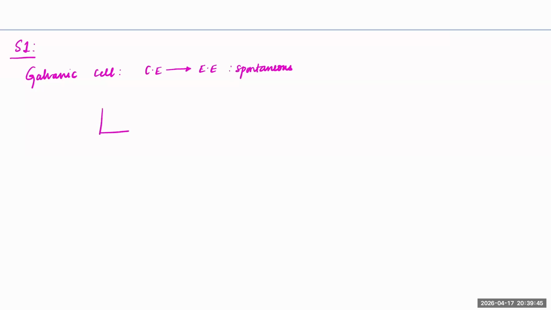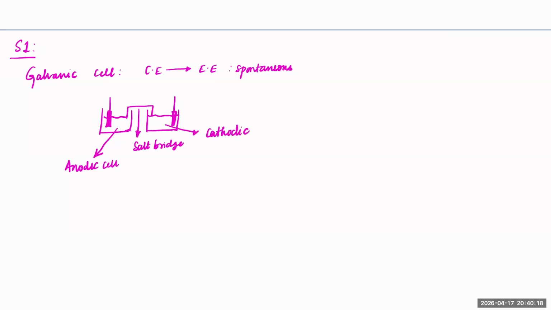For galvanic cells, we typically require two half cells connected by something called a salt bridge. There will be two electrodes, and these two electrodes, we assign the left part of the electrode as anodic cell, right part as the cathodic cell.